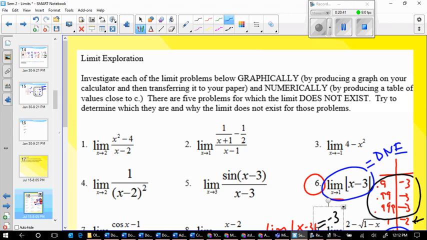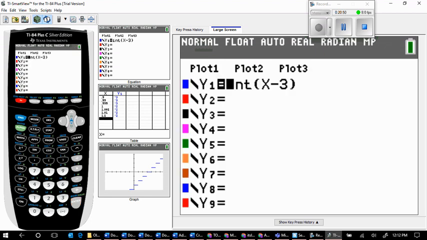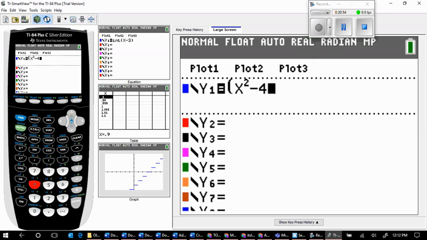Now, we actually did this first problem earlier tabularly, but let's go ahead and do this graphically as well. So let's pull out our calculator again. Let's go ahead and type that equation back in. So I have x squared minus 4 divided by x minus 2.